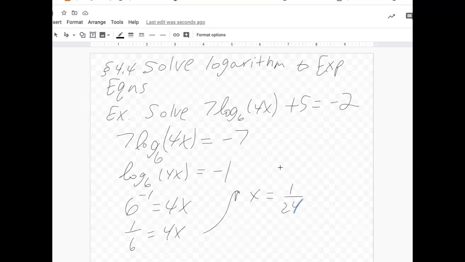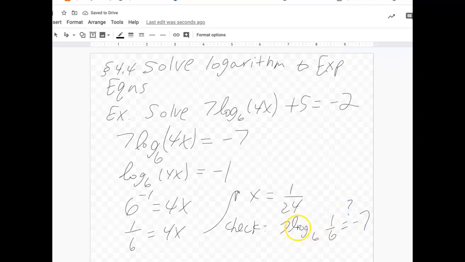If we do that quick check right now, we see 7 log base 6 of 4 times 1 over 24 is 1/6, which is supposed to equal -7.